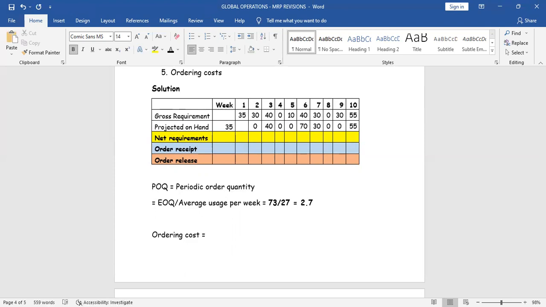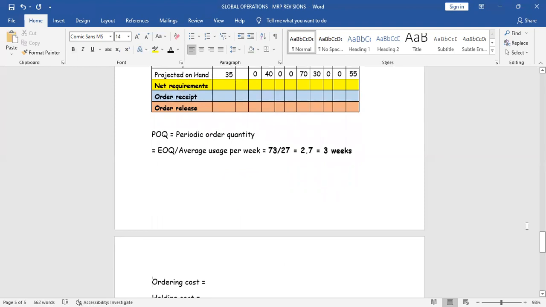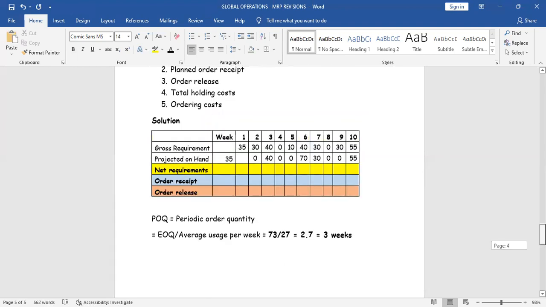Now this being the period, we can round it off to 3 weeks. So every time we place an order, we should be placing an order which will cover for 3 weeks. Let's see how this goes.